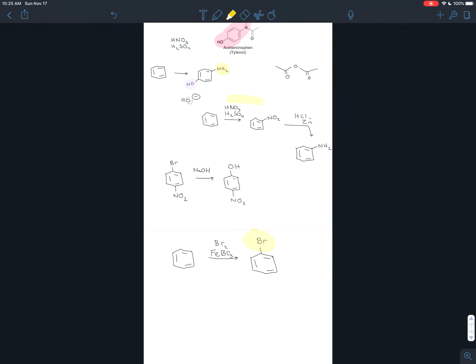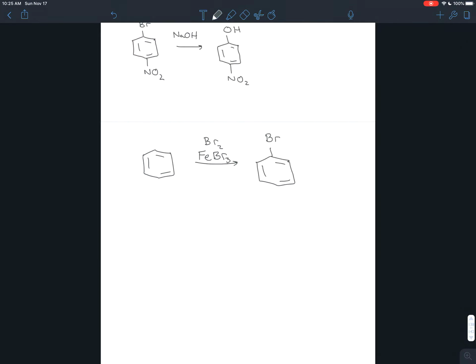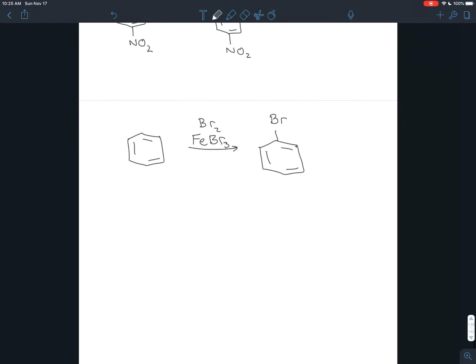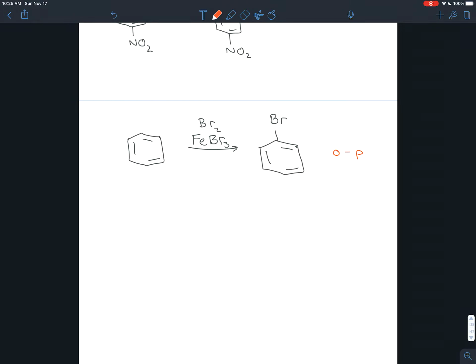The bromine is an ortho-para director, so we can put that on first. We can put on the bromine, and once that's there, that's an ortho-para director. So if we do the nitration, HNO3 and H2SO4, we're going to add a nitro group.